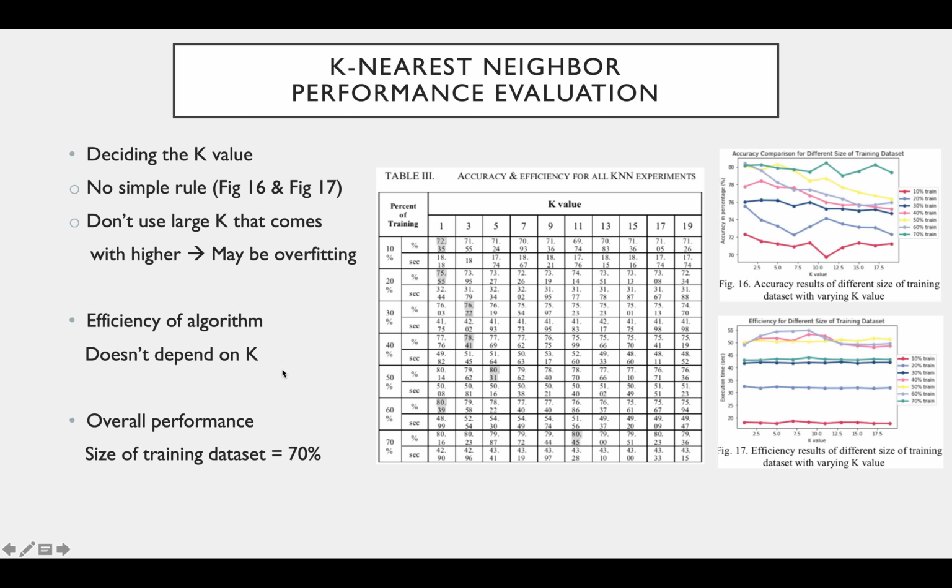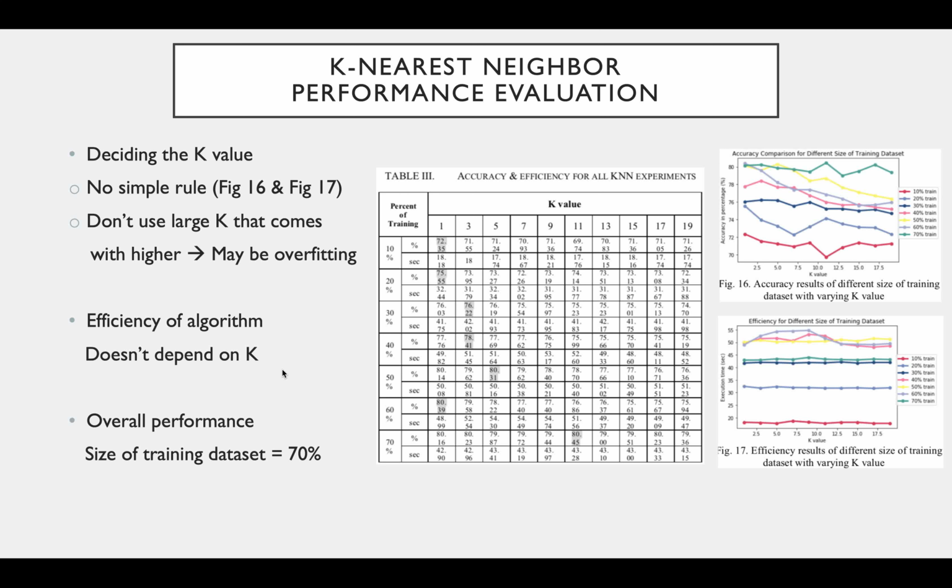And then we're going to discuss the efficiency of the algorithm. From figure 17, we can conclude that the efficiency doesn't depend on the k value, since when k increases, the execution time stays on the horizontal line.